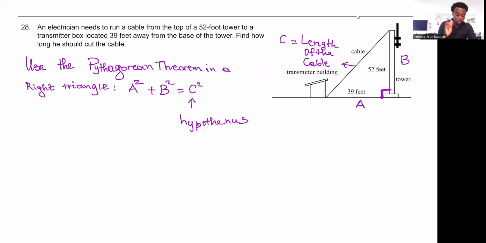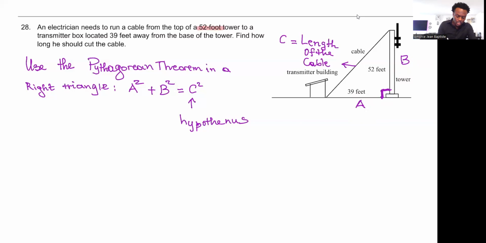So let's read the problem to make sure that we understand what it says. An electrician needs to run a cable from the top of the 52-foot tower to a transmitter box located 39 feet away from the base of the tower. So two pieces of information have been given here.